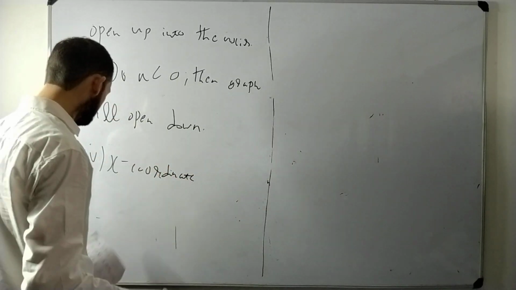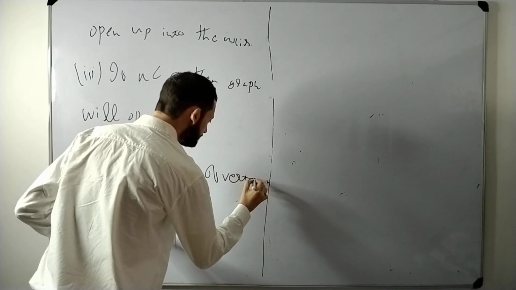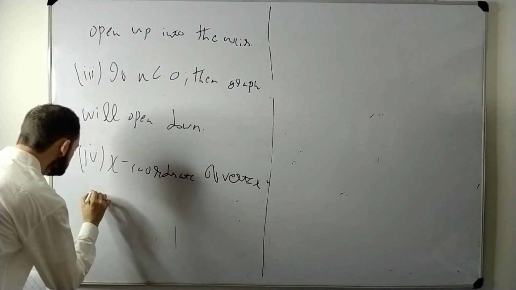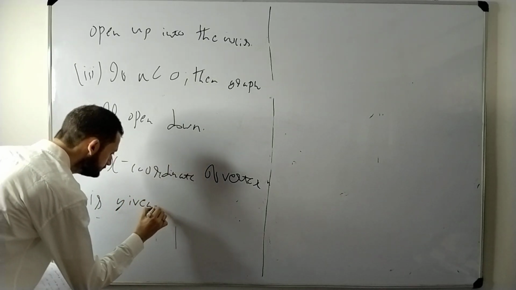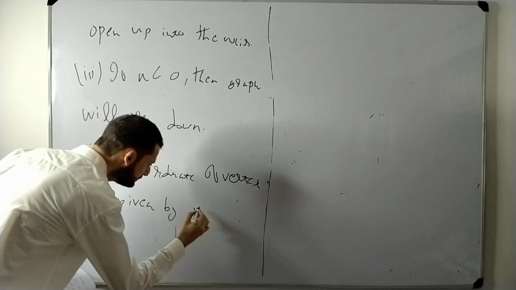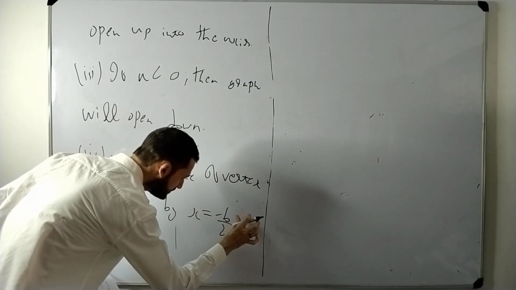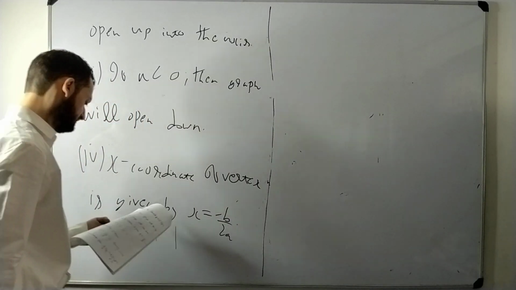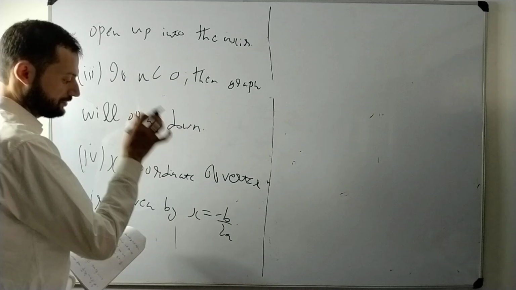What is this equation? The vertex is given by x is equal to minus b upon 2a. Yes, this is actually the vertex equation.